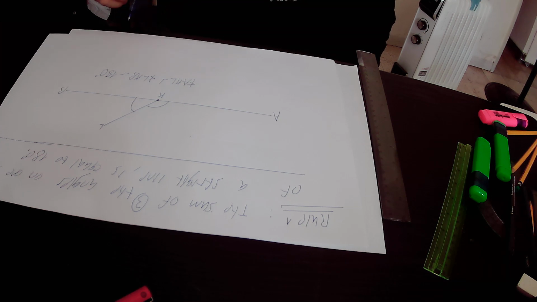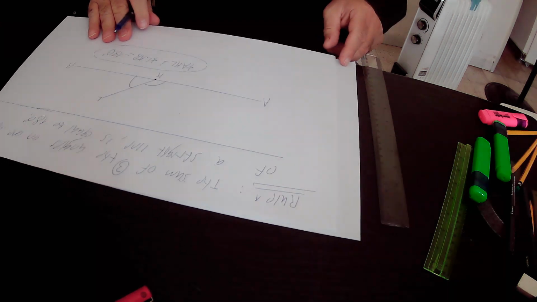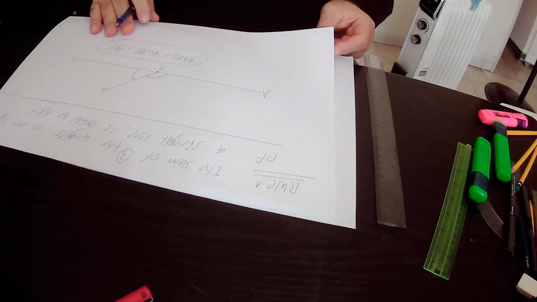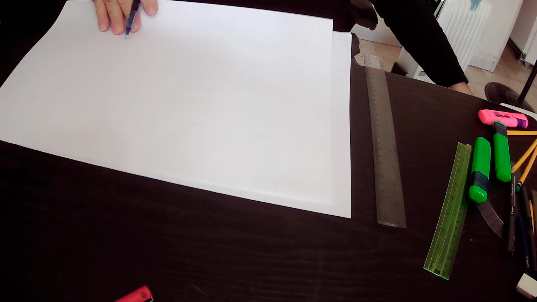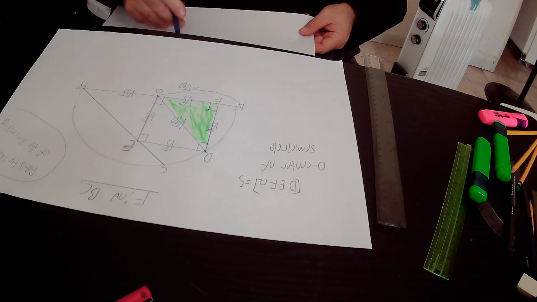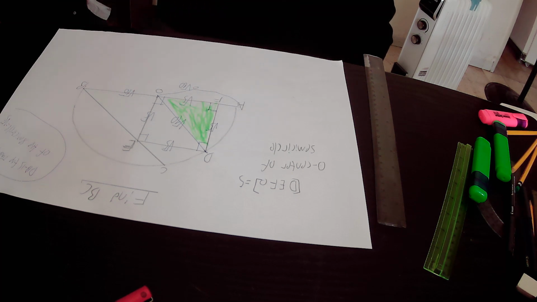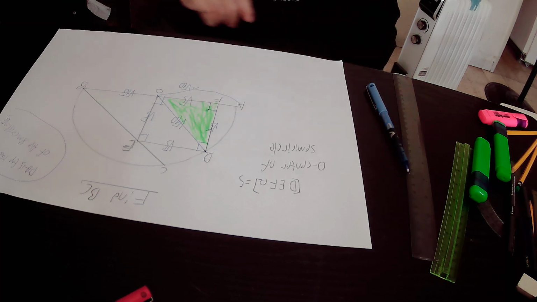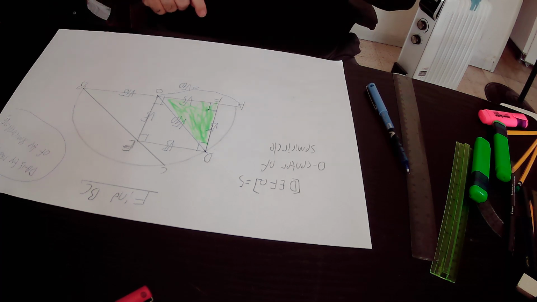So we actually can implement this rule number 1 in our drawing. Why? Because in our drawing we know that this is a semicircle and AB is the diameter of the semicircle.